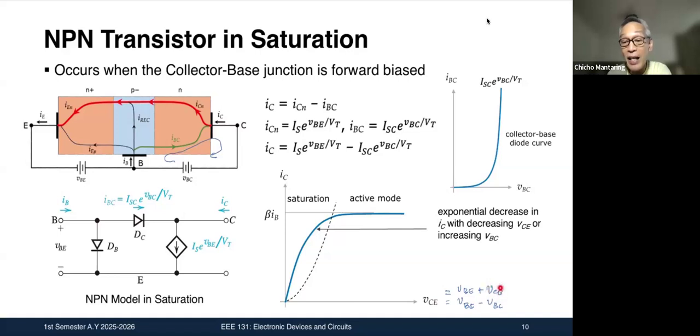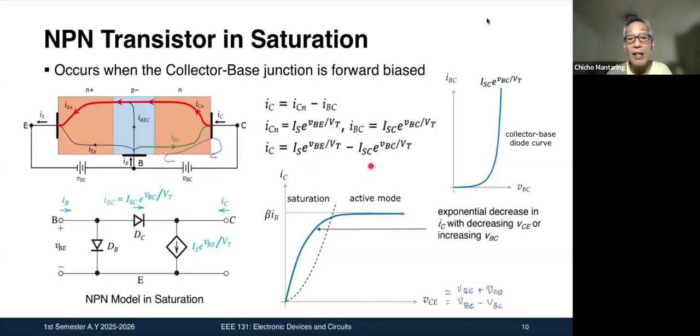If VCB is negative, ibig sabihin positive na ngayon yung VBC. Ibig sabihin, nagpa-forward bias na to. So this becomes forward biased.